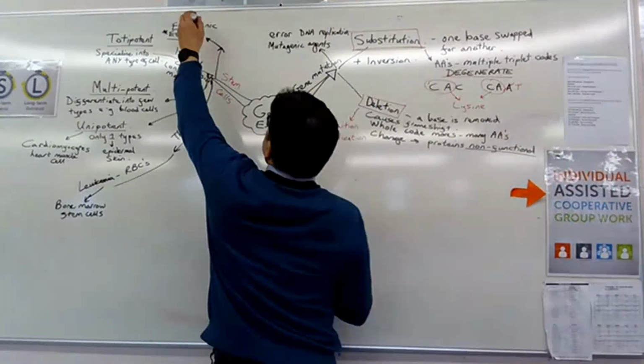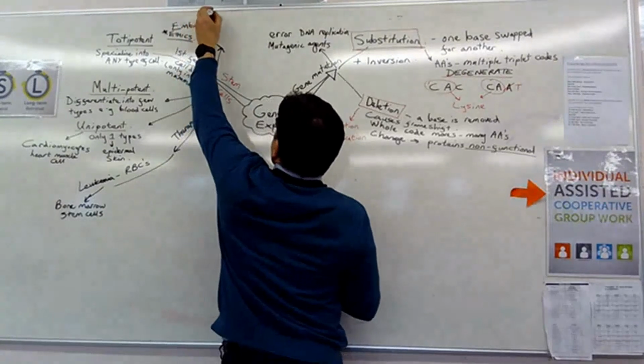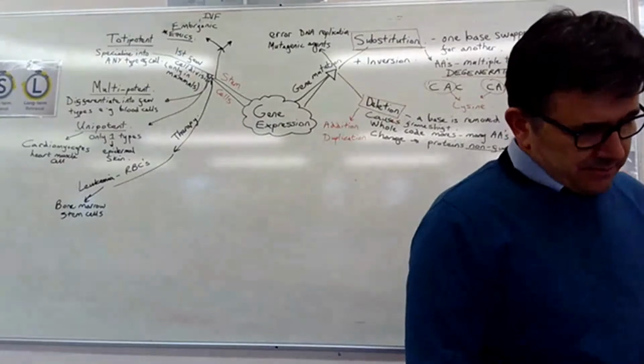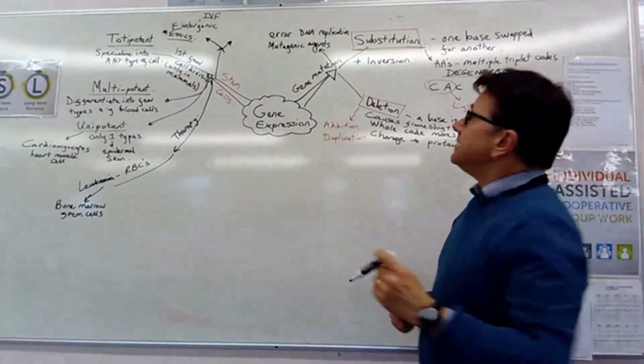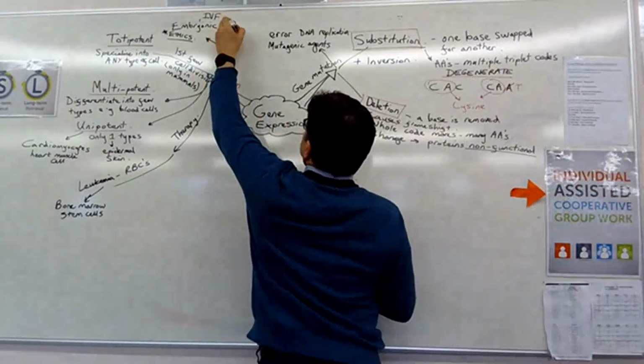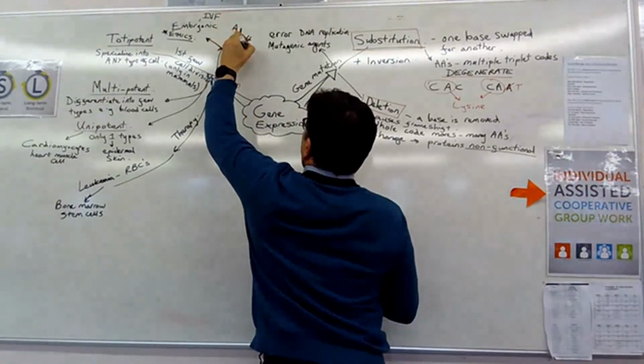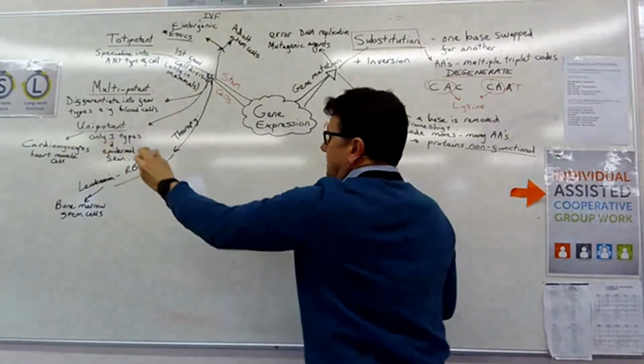IVF, yeah. So they would have been thrown away anyway. And then obviously adult stem cells, which only produce a small number of different types.